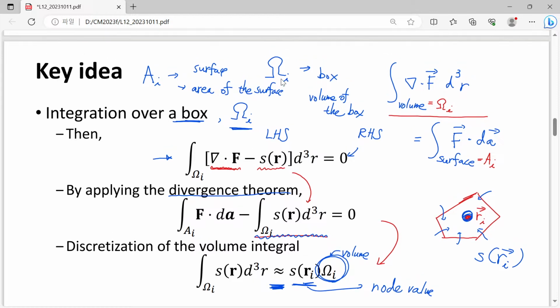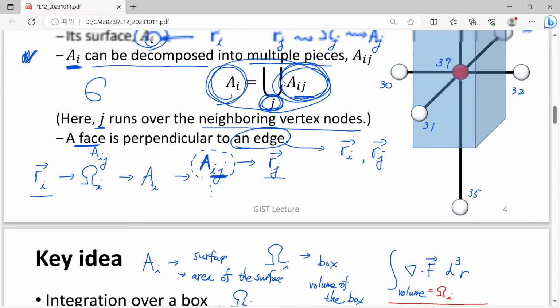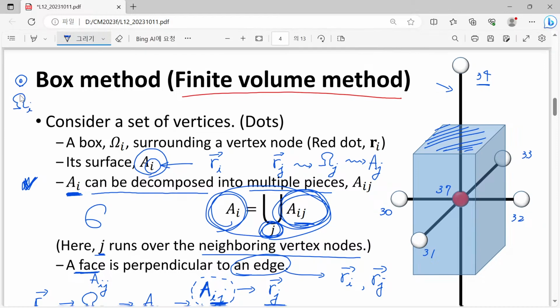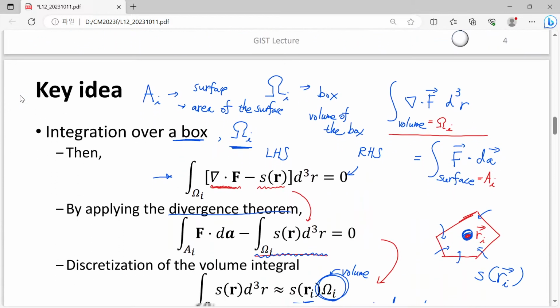So let me take a short break. Simply speaking, let me just summarize the things we have studied up to now. We are trying to extend our simple one-dimensional integration scheme into the 2D or 3D case. For that purpose, in this slide, we have prepared the integration domain, called omega sub I. After that, we have applied the integral.